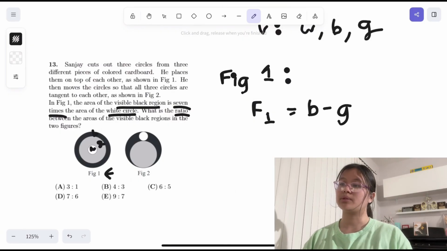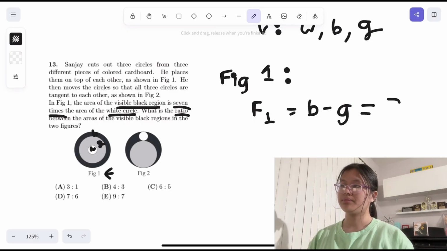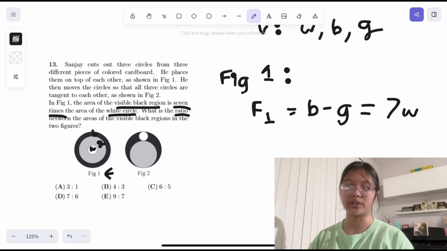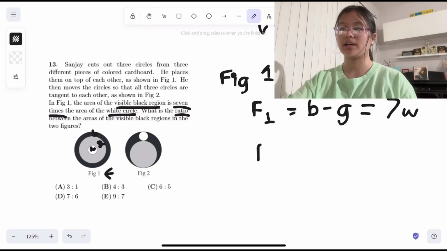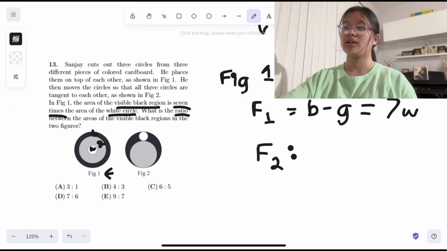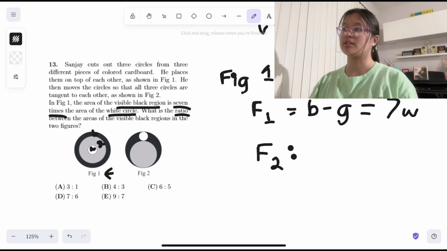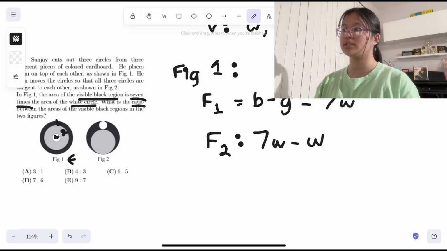So F1 is equal to B minus G. So then that would equal 7W because it is 7 times the area of the white circle. So then, since we use that, we now use the equation for F2, which is then just 7W minus W. So that equals 6W.